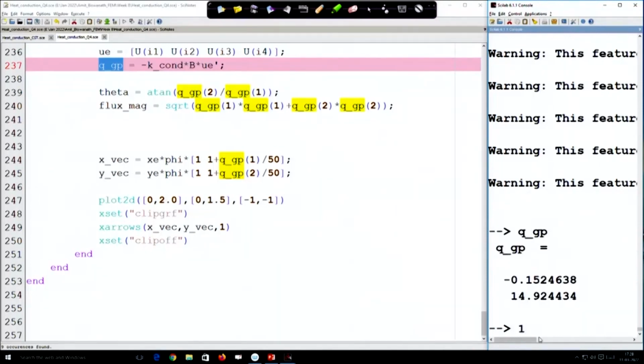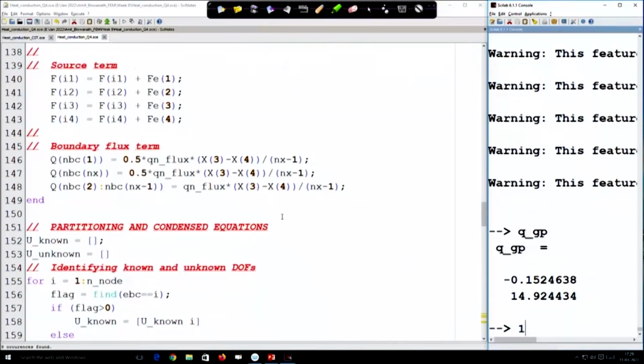The X component is very small and the Y component is 14.92, which is close to 15. And that was the flux at the boundary. Our X component was 0 and Y component was 15. So it is very consistent. It has to be consistent, but it is good to check so that you understand all these equations and expressions that you have written in the code are working fine.